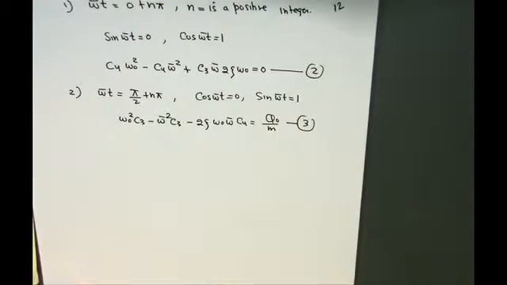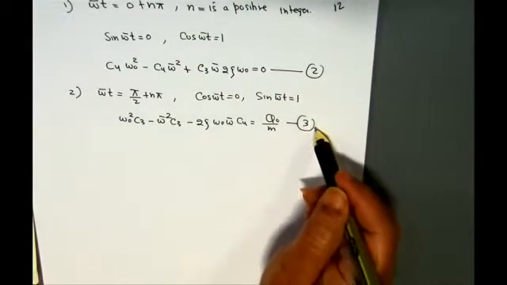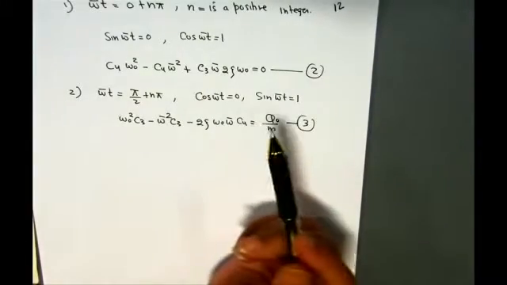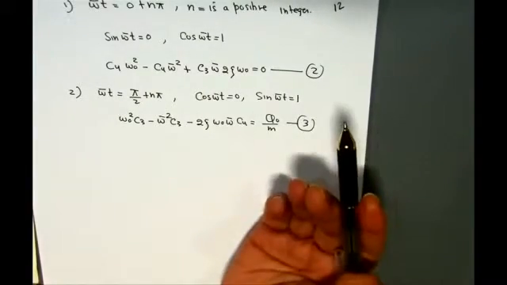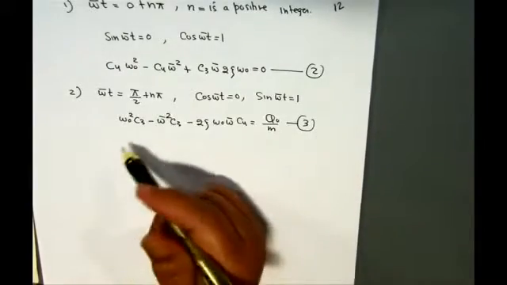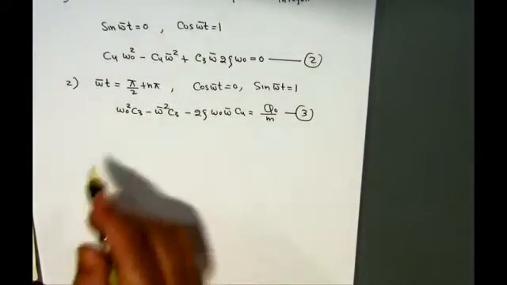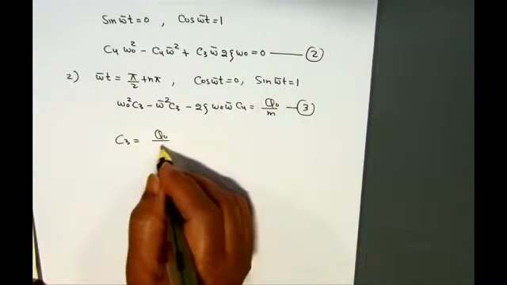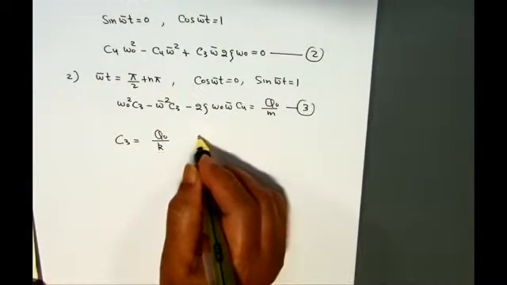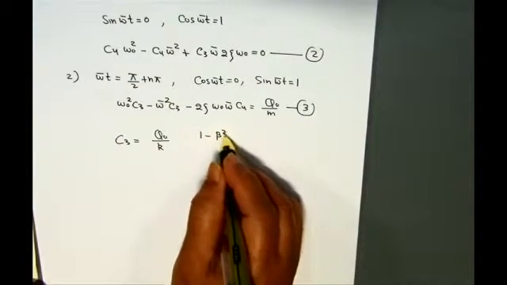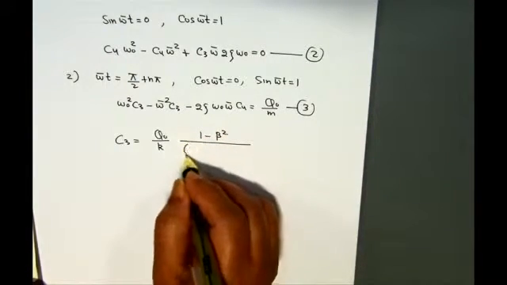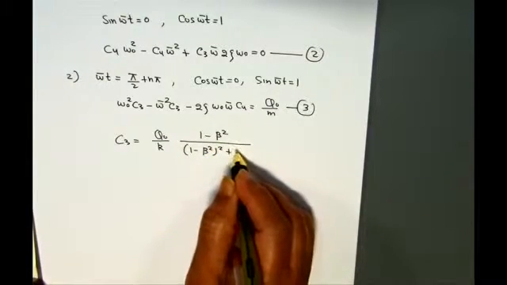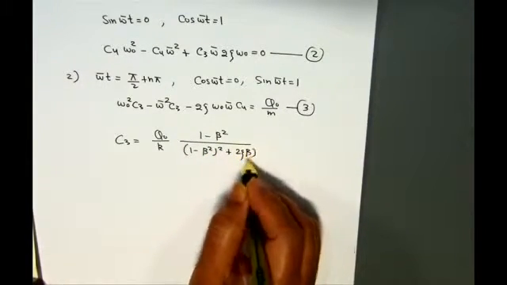Now, if you look at equations 2 and 3 carefully, the only unknowns in these equations are C3 and C4. So, you have two equations and two unknowns, and you can find these values. You will find that C3 is equal to Q0 over k times 1 minus beta square divided by 1 minus beta square whole square plus 2 zeta beta square.